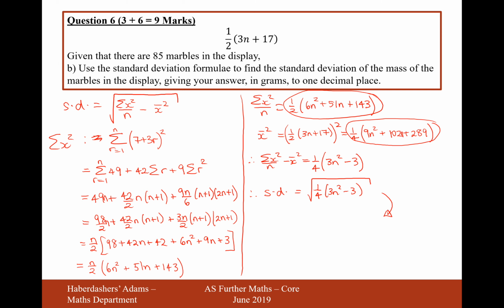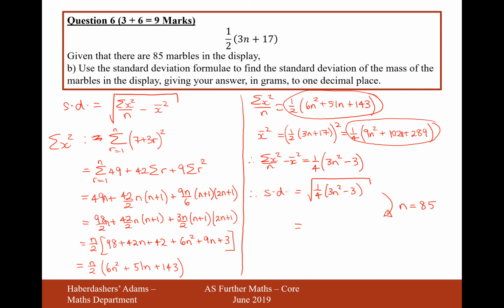And now all that's left for us to do is to find the standard deviation to one decimal place, to substitute in n equals 85. So let's grab a calculator and do that. So it's going to be fraction button 1/4 times the square root of, the quarter goes inside the square root, so it's 3 times 85 squared minus 3.